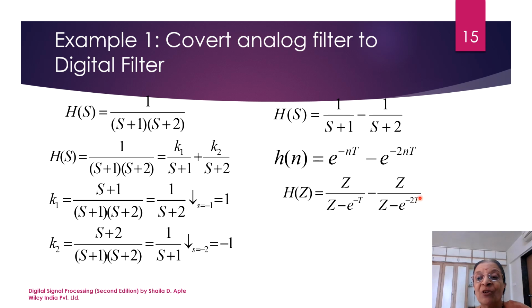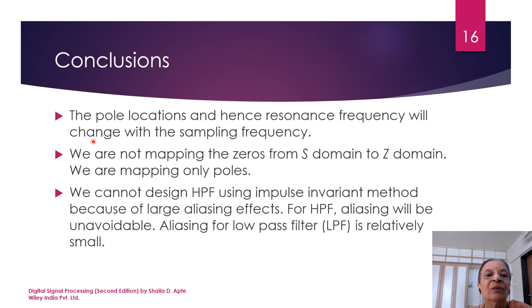So it all depends on capital T, that is the sampling time interval or the corresponding sampling frequency. If the sampling frequency is low, capital T will be sufficiently large and e raised to minus T will tend to 0. So in that case the corresponding Z transform will converge. So the conclusions are that the pole locations, and hence the resonant frequency of the filter, will change with the sampling frequency.